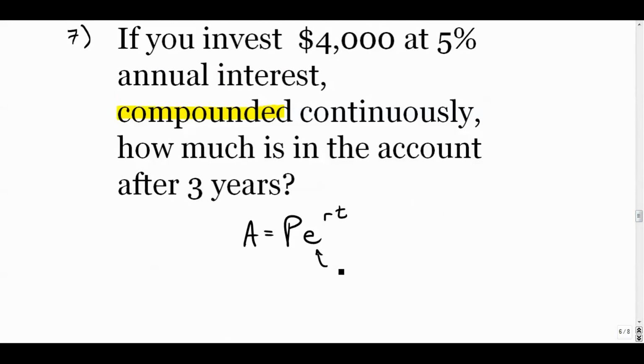Remember I said that that's roughly equal to 2.718. It's the base of the natural log. Principal in this case is going to be 4,000, e raised to the 0.05. We're asking the question after 3 years, so T is 3.